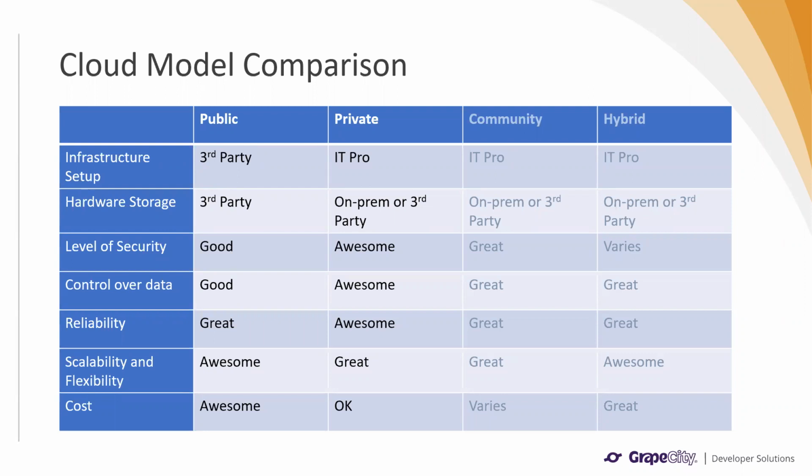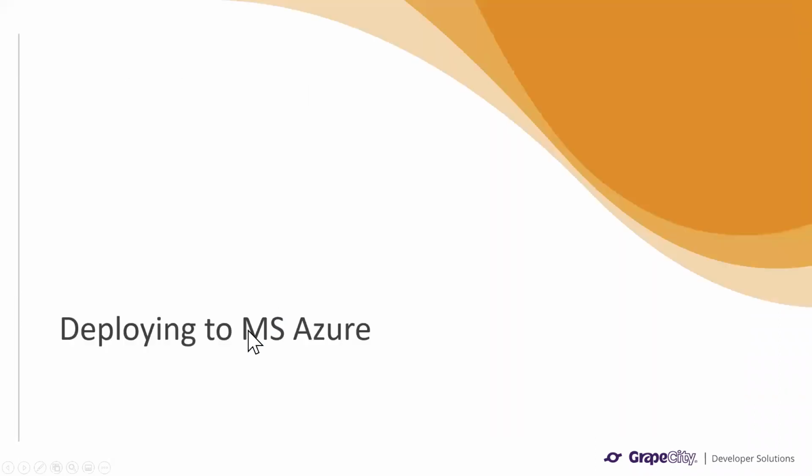But as far as security levels, control over data and reliability, private environments certainly outperform the public. But as far as scalability and cost, the public is much better compared to the private. Right. So you can take a look at this at your leisure.